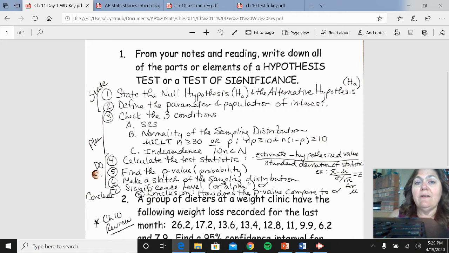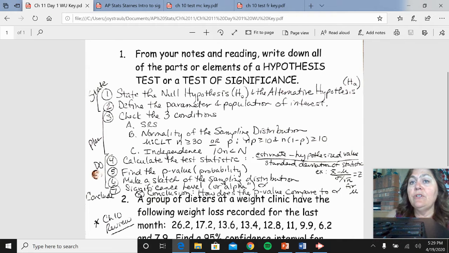And you're going to subtract from that the hypothesized value, what it is that we're hypothesizing mu to be, and then divide that by our standard deviation of the statistic. So that's sigma over square root of n if sigma is known, or it'll become s over square root of n when we do t distributions. So right now we're just starting with the z statistic where sigma is known, and we will transition to the t statistic just like we did in CIs.